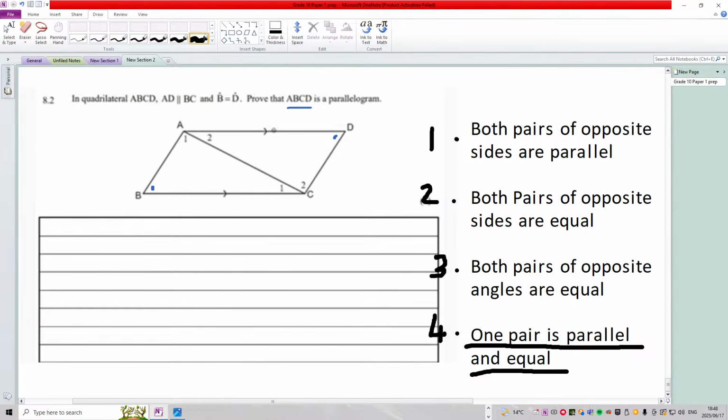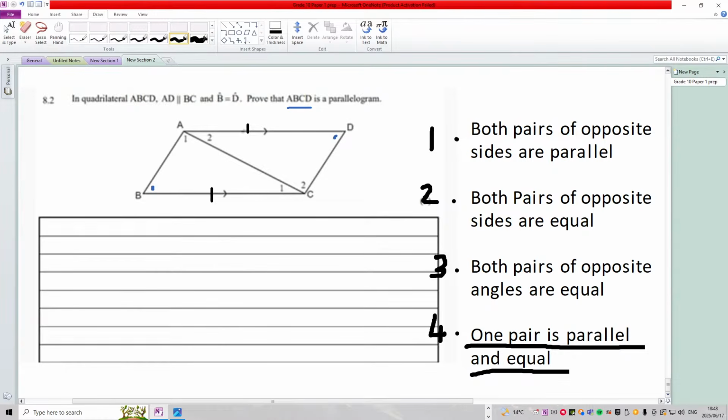If AD is parallel to BC, which it is given, and if I also find them to be equal as well, this is now condition 4. If AD is equal to BC and it's also parallel, then we can state that this is a parallelogram. That's it. We just have to prove one of these 4.